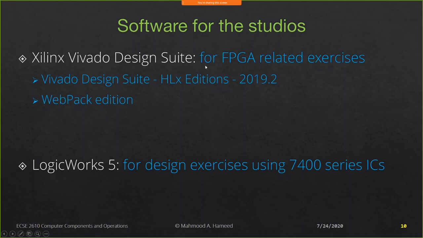And the software suite that we are going to need to install on our computer, and this can happen the first week of classes, is Vivado Design Suite 2019.2. That's the version, and the edition that I would ask you to install on your laptops is the Webpack edition of the Design Suite.